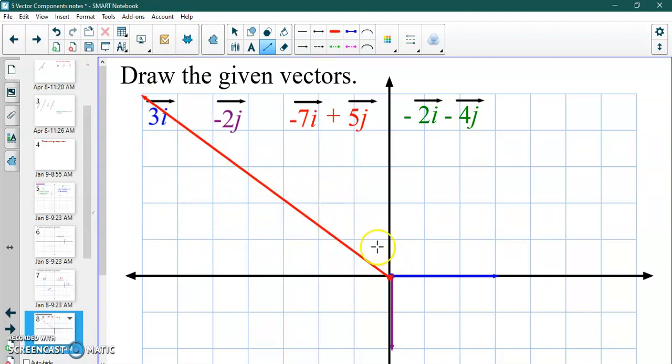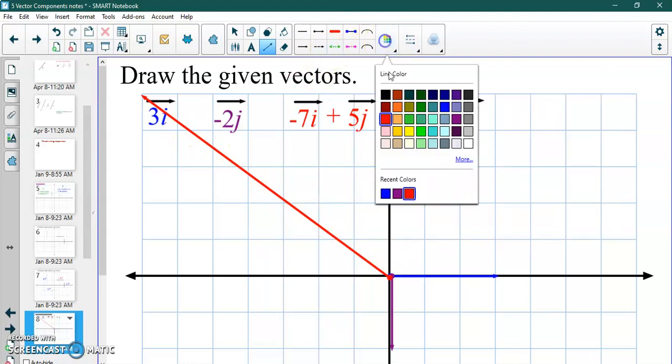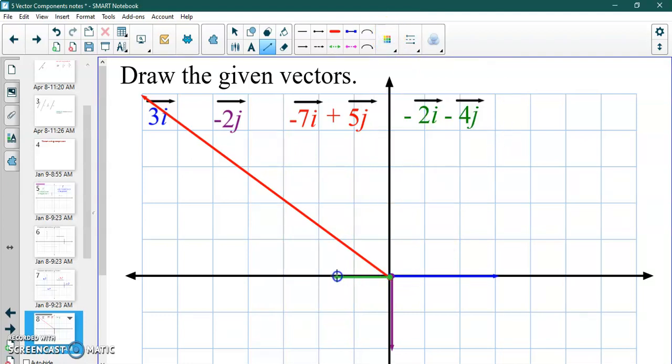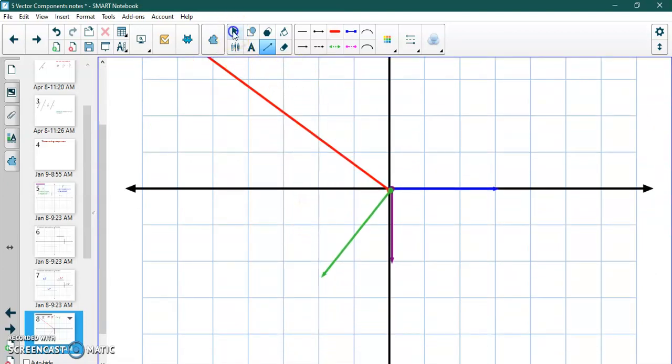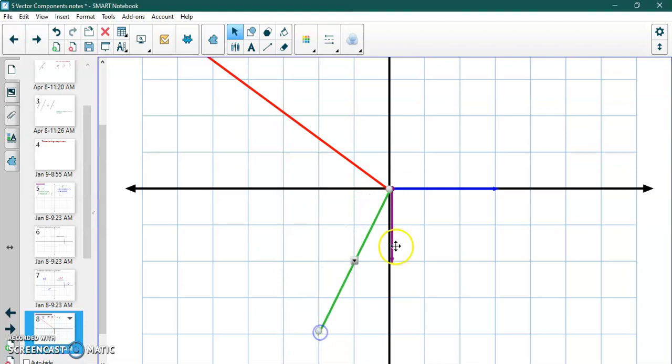So this one would be negative 7i plus 5j. And then the other one was negative 2i, so we're going to the left 2, minus 4j, so we're going to go down 4. So we went over 2, and now we have to go down 4. So this would be negative 2i minus 4j.